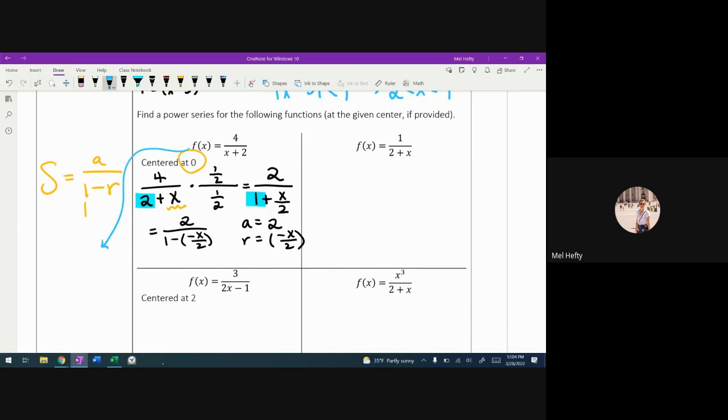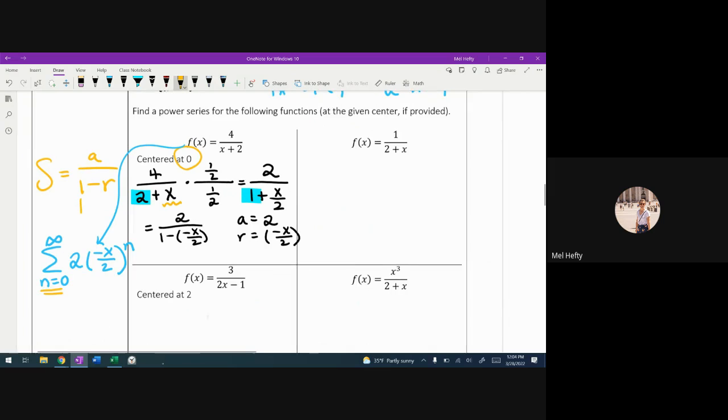So if I wanted to write this in sigma notation, to make sure that first term is the first term, you would want to start it at n equals 0, and you could just write A times R to the n, just like we've been doing for our general term every time. So if you want to do this, both on your problem set and here, instead of writing the first 4 terms in the general term, you could also just write it in sigma notation. If you find the power series this way, you'll always start at n equals 0.